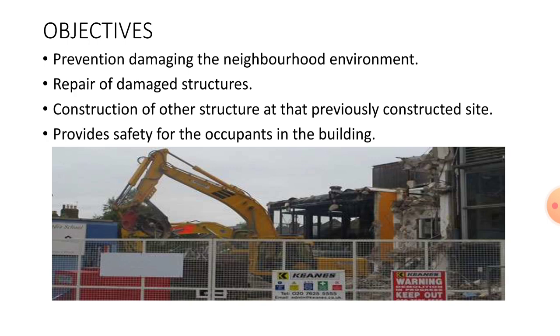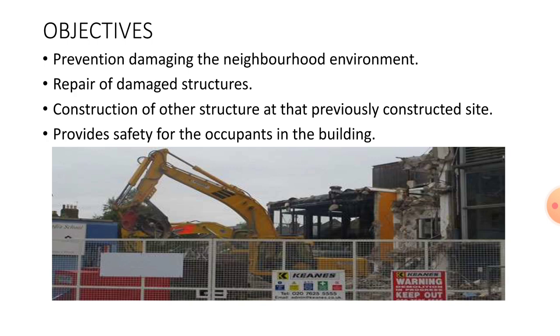So the next is the objectives. Why are we doing this? The main objective of this demolition is the prevention of damage to the neighborhood environment. A procedure is followed so that the neighborhood structures cannot be damaged, and they maintain a smooth environment around them.